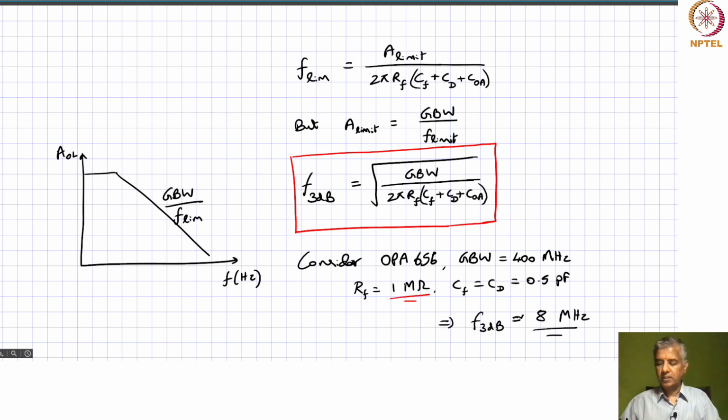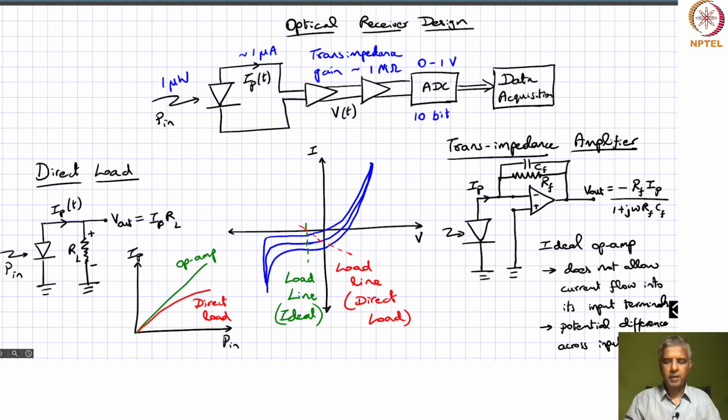Then you ask the question, if we go back to this application, I want 1 megohm transimpedance gain, but I can get only 10 kilohm transimpedance gain from this stage. So I need a further 100 to get this overall gain. So I would have to put a voltage amplifier beyond that to give me a gain of.